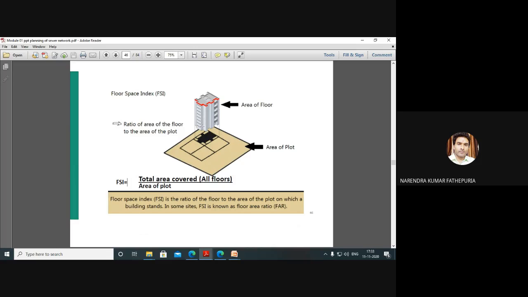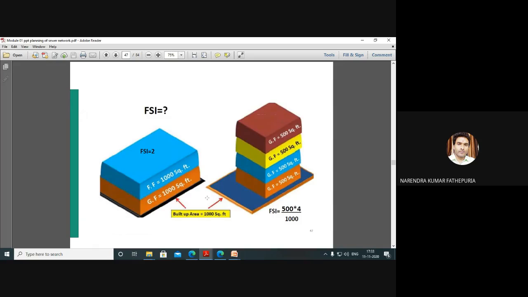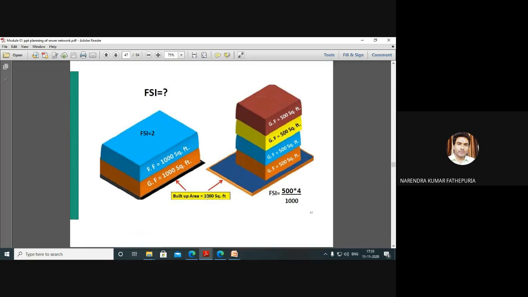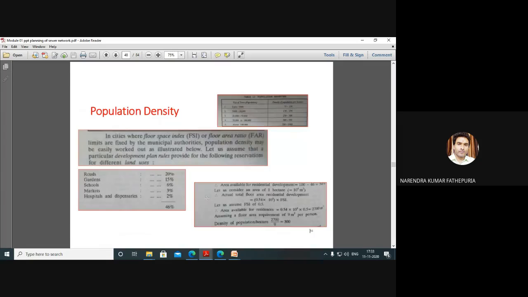Suppose a multiplex, a domestic flat colony, so multi-layered stories are there. For this, total area covered divided by area of plot, you can get it. This is called the floor area index. So built-up area and FSI index are required.